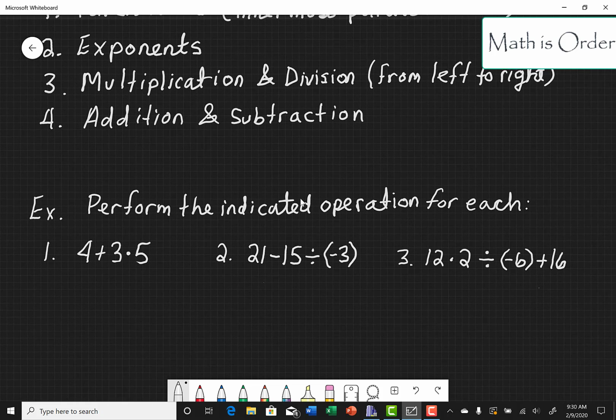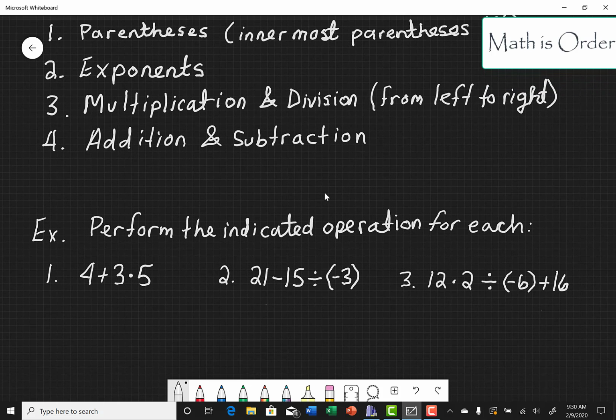For number one, we look to see if there are any parentheses. There are none. So next we see if there are any exponents. There are none. But we do see multiplication, so we need to carry out that operation first.